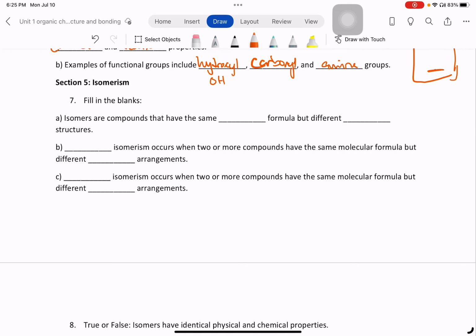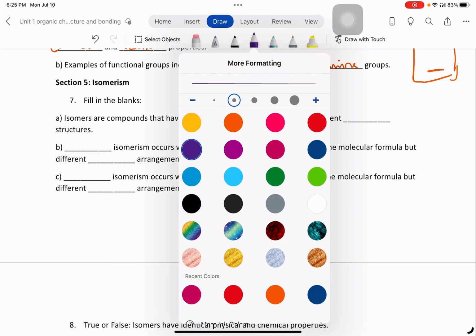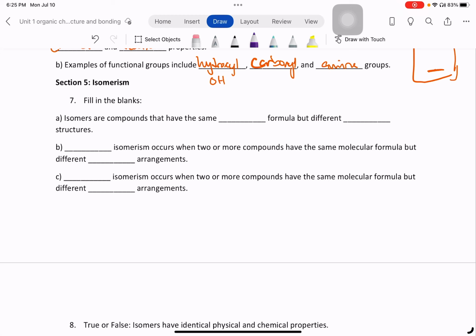Next, we're going to talk about isomerism. That's also a very important topic. Isomers are compounds that have the same molecular formula, but different structural formula. For example, you could have two compounds that have the formula C2H6, but the structure is different.